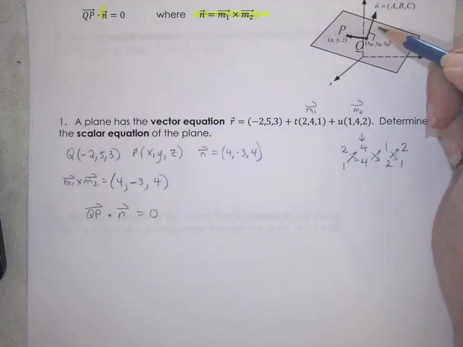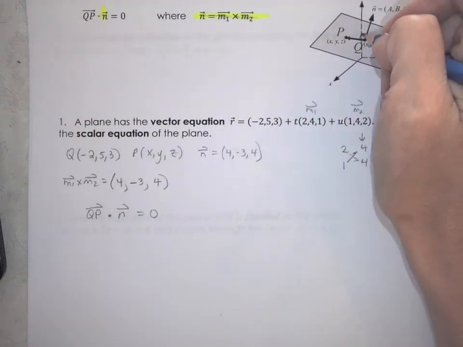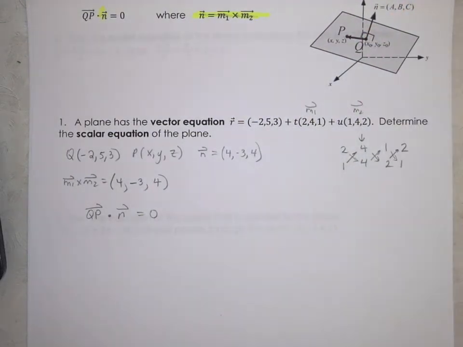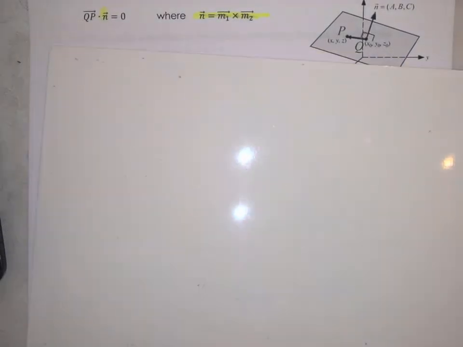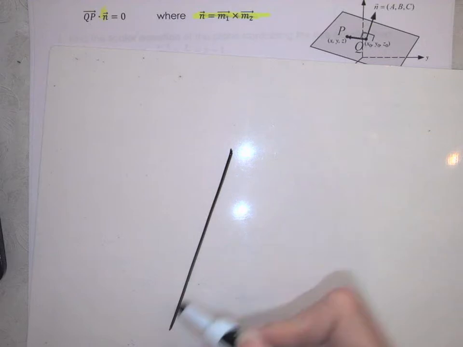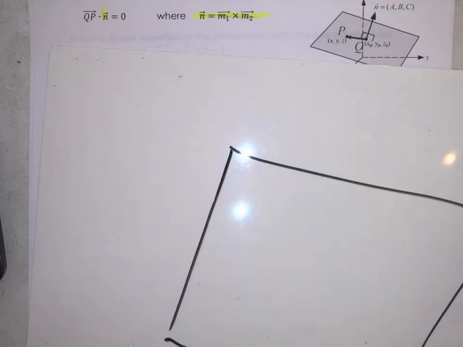Again, if you look at this picture up here, it's because they're at 90 degrees to each other, because QP is in the plane. So if we have our plane here, P is an arbitrary point where we don't know it. Q is a point we do know.